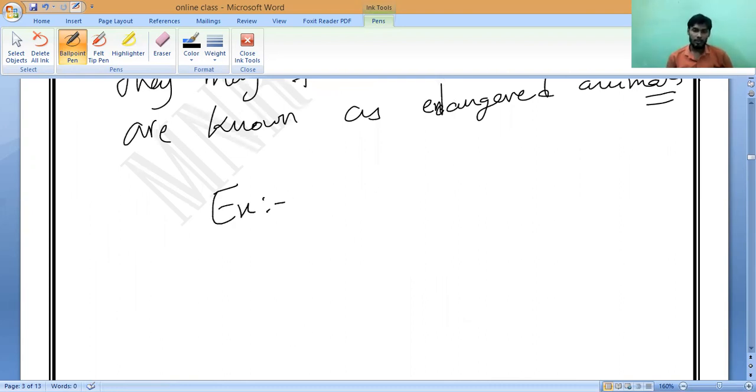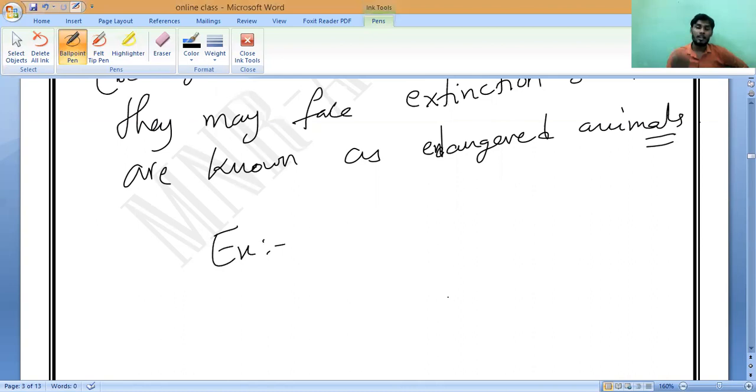If we take the examples, the first one I can say is the endangered animals. You remember, the species become endangered either because of their few numbers or because they are killed by predators. Predators means the carnivorous animals.